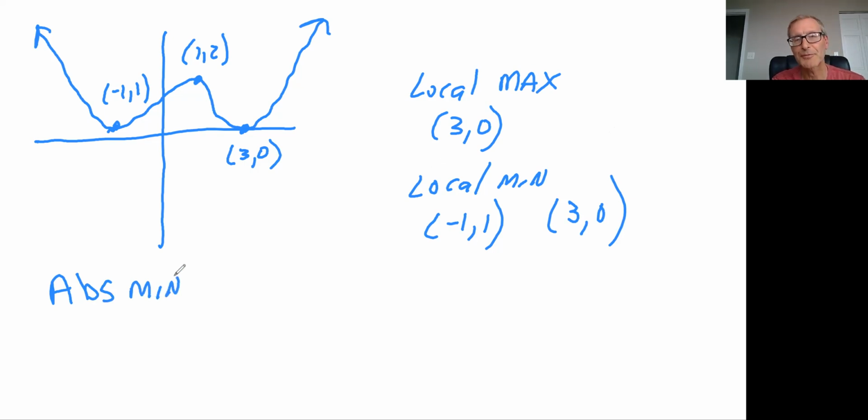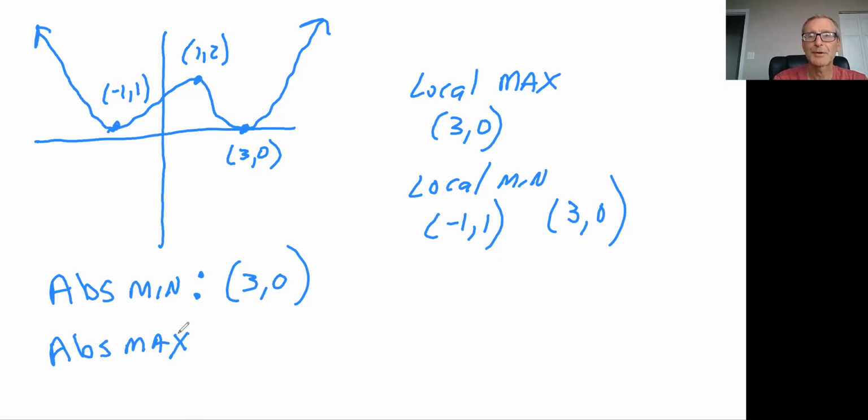Because what's the smallest value of y? You could see the smallest value of y is y equals 0. So the absolute min occurs at x equals 3, y equals 0. So then the next question is, what's the absolute max? Well, you can see we have two local maxes, but neither one is the biggest y value, right?